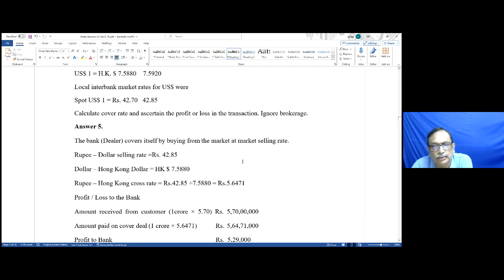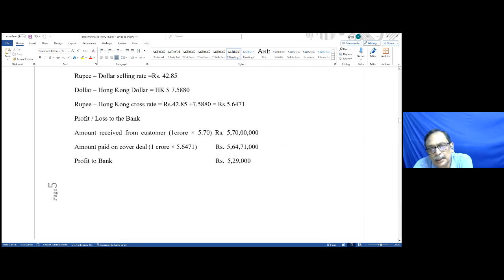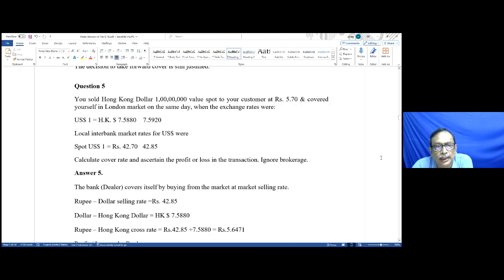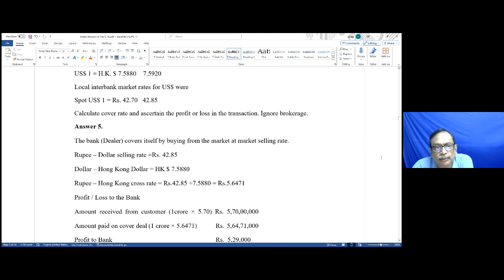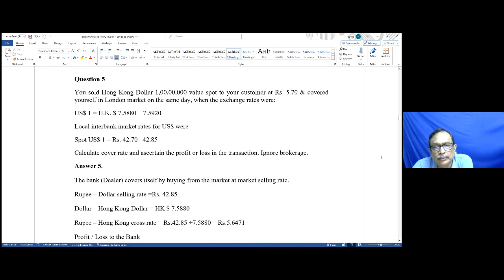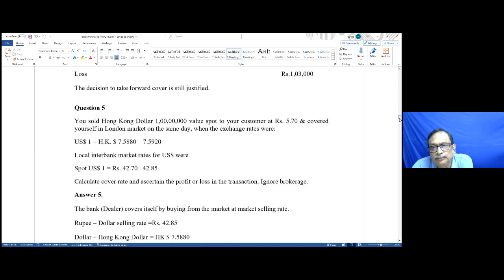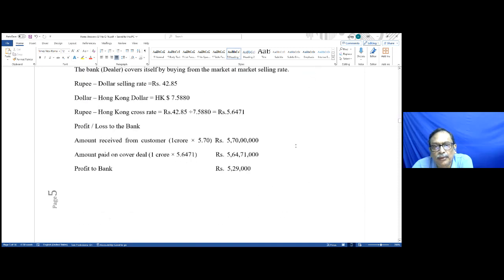So profit or loss to the bank that we are going to calculate: amount received from customer, that is 1 crore into 5.70.